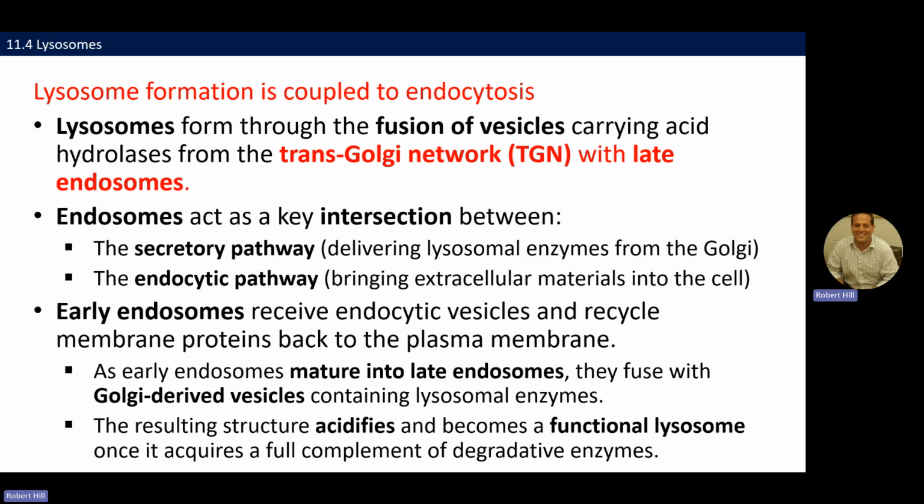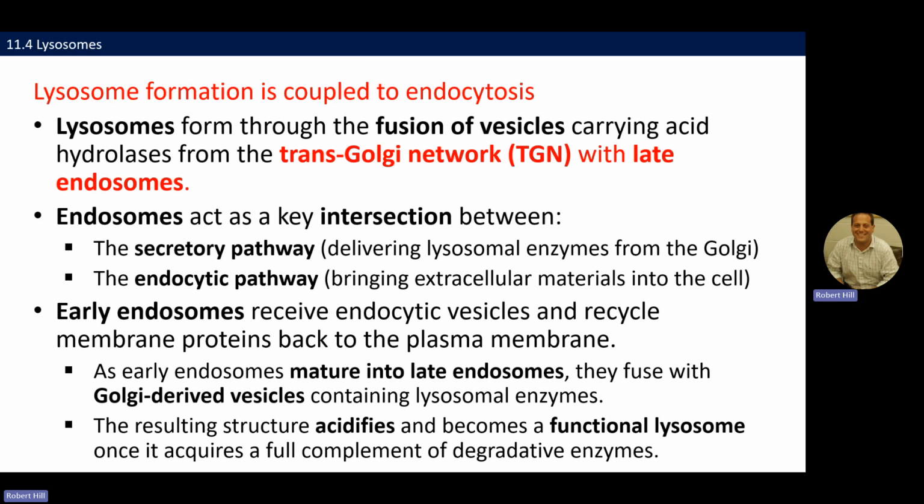And the lysosome, what's actually called an endosome at this point, is starting to increase in size. Okay? So these endosomes, these early carriers of hydrolytic enzymes, act as a really key intersection point between the secretory pathway and the endocytic pathway.